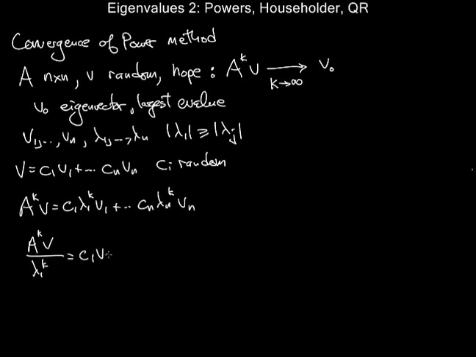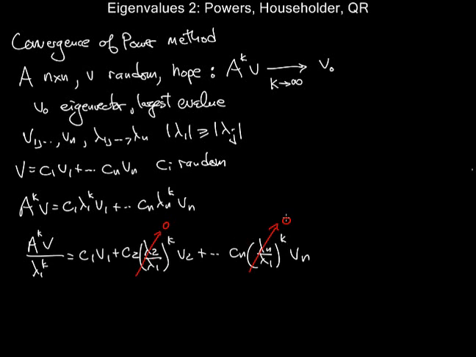And if we normalize it by dividing by the first eigenvalue, we get c1 v1 plus the second term has a lambda 2 over lambda 1 to the k in it, and so on. And then the nice thing is that since lambda 1 is the biggest, all of these terms are going to be going to 0. And we'll be approaching v1, or a multiple of v1.